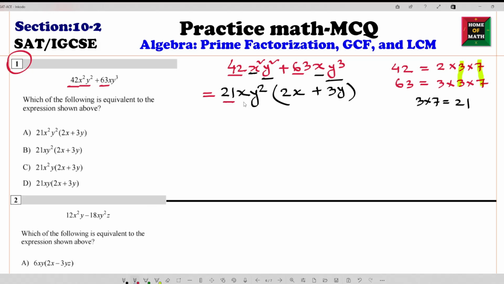Here is 21xy square times 2x plus 3y. So look, this is B, 21xy square (2x plus 3y), and this is our correct answer. So the answer is B.